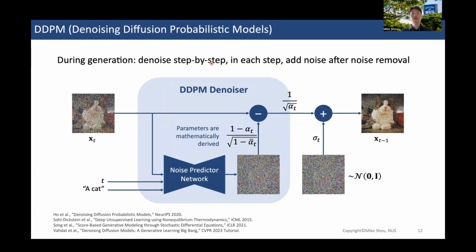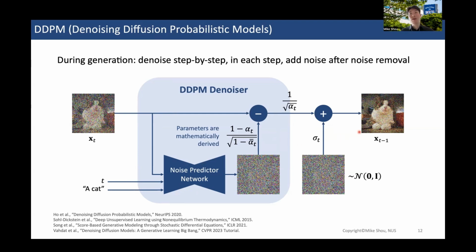But during the reverse process, when we use this denoiser to recover the original image from XT, we actually do it not just one step, we do it step by step. This is a bit weird, but you can understand it like maybe the denoise process is not that perfect and will make some errors, so we add some additional noise, and so on and so forth through this iterative process, and then we can gradually recover a more precise original image.